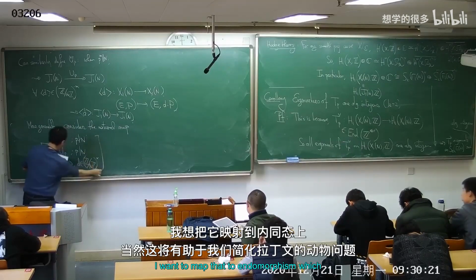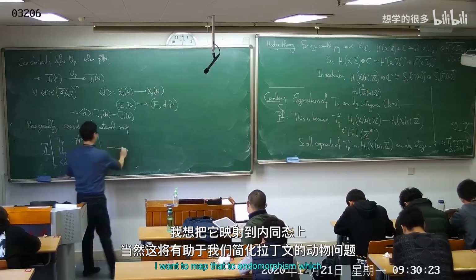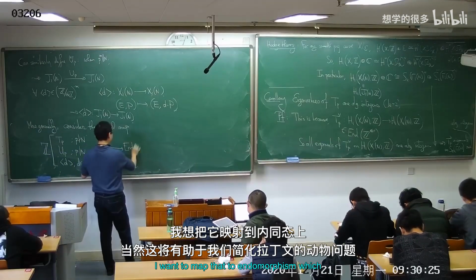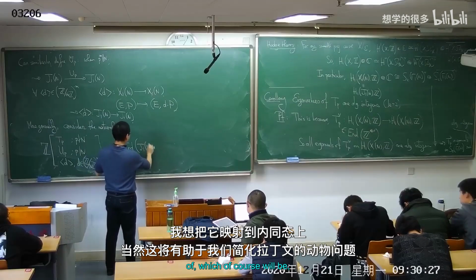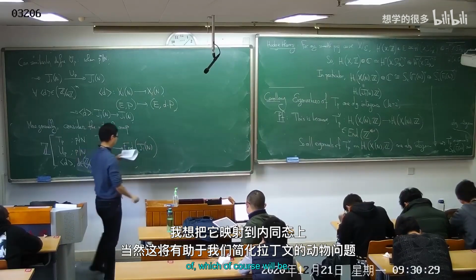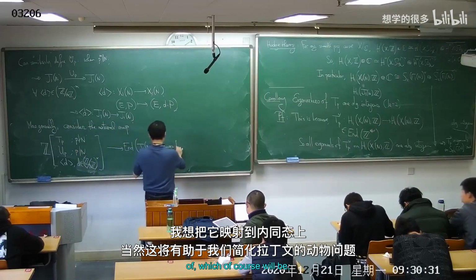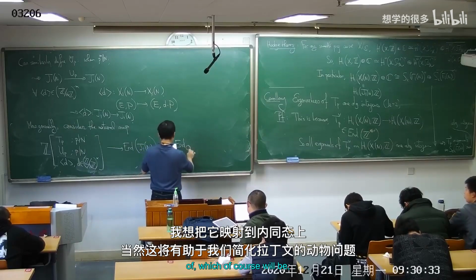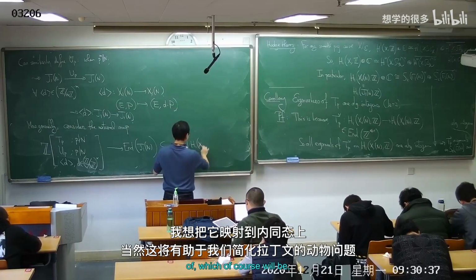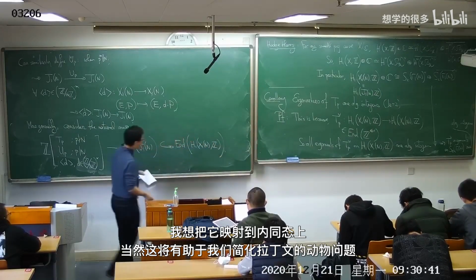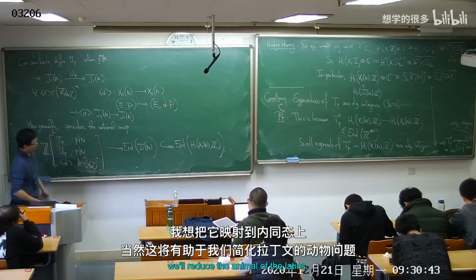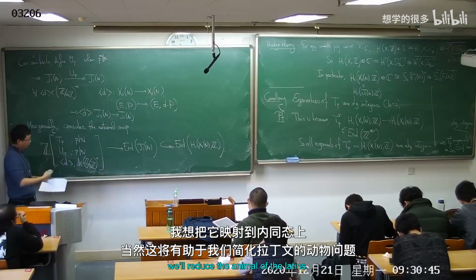I want to map that to endomorphisms of the Jacobian, which of course will induce the endomorphism of the lattices.